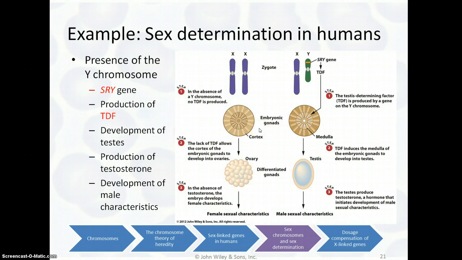In the absence of TDF, the embryonic gonad develops into an ovary. The ovary does not produce testosterone, so in the absence of testosterone, the embryo itself will develop female sexual characteristics. So you could say that the female is kind of the default in the absence of the Y chromosome.